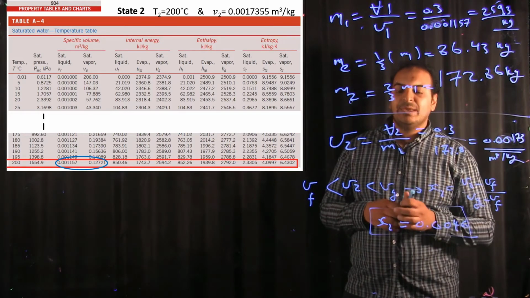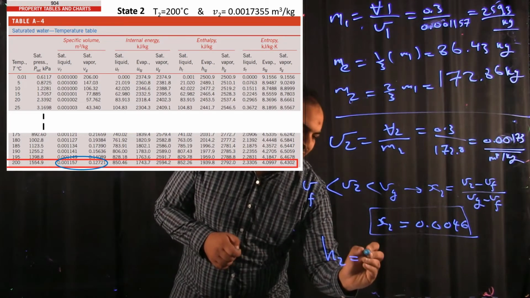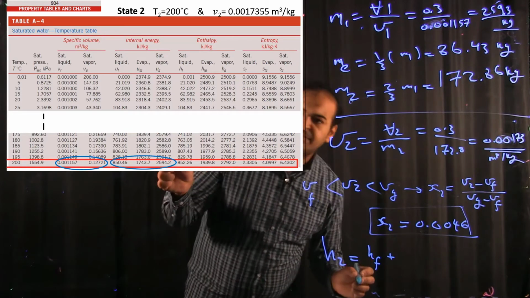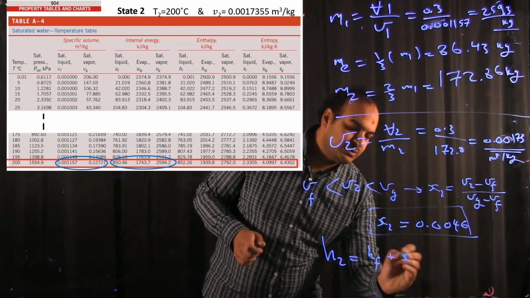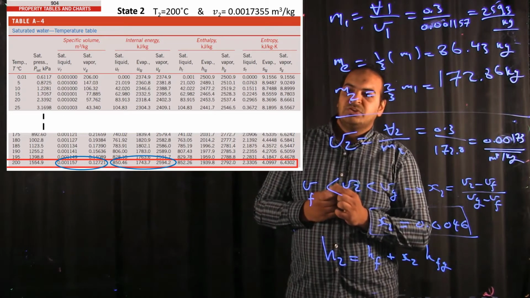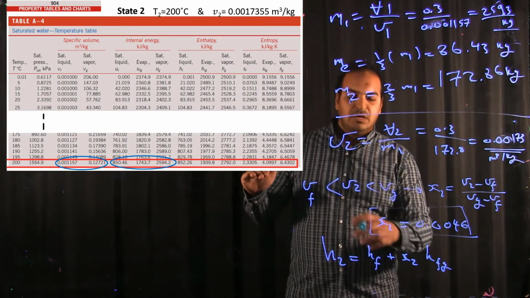The rest is liquid. So you can get H2, which is what I want. H2 is HF plus X2 HFG, at the same temperature, 200. The process was at 200, that's why I go to the row 200 and get H2.